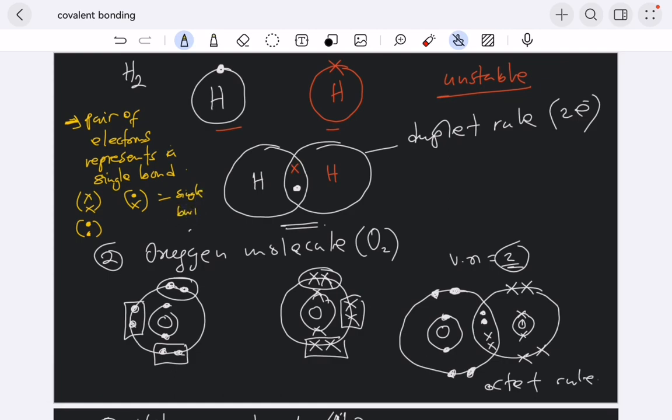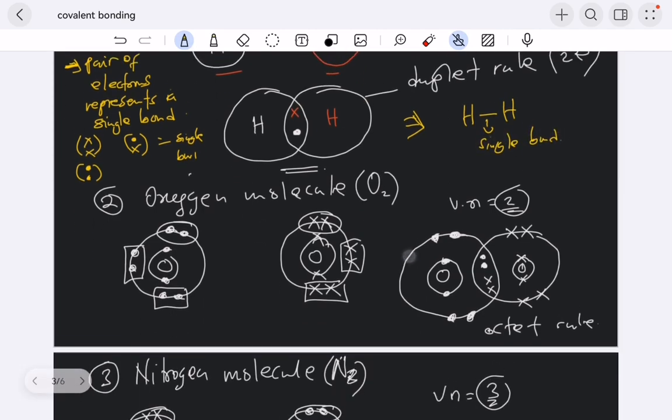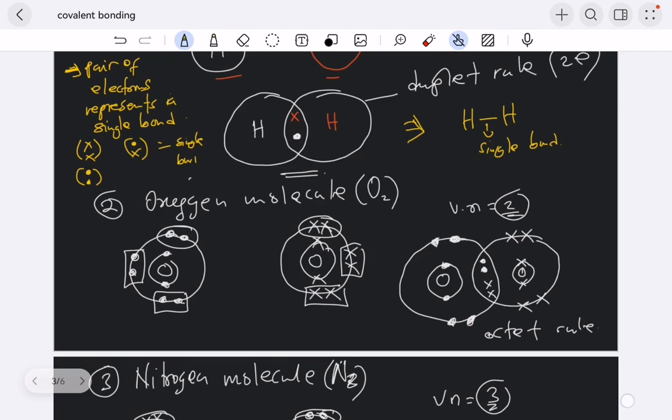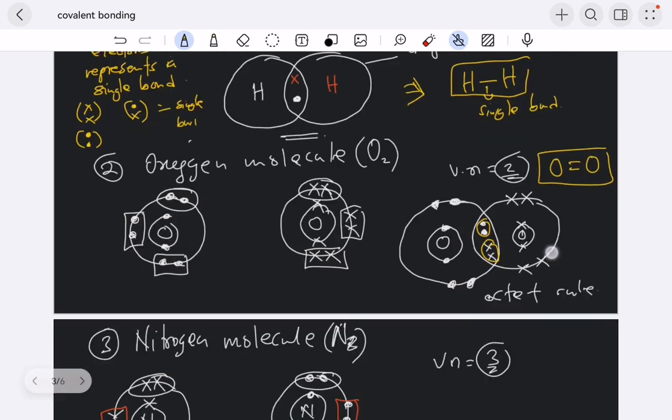Therefore, hydrogen can equally be represented as H-H. So there is a single bond. In the case of oxygen, we have this pair and that pair. So there are 2 bonds there. So oxygen can be represented as O double bond O. So this is another configuration that we can use to represent these elements.